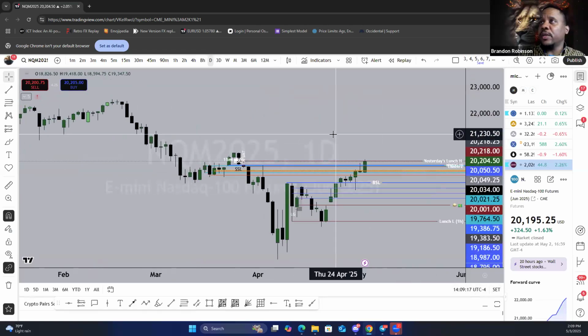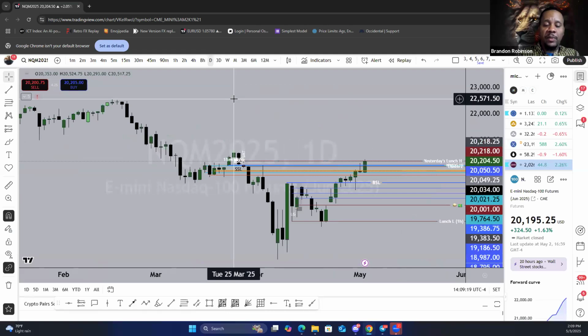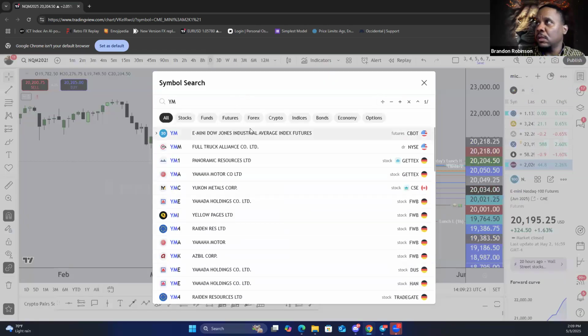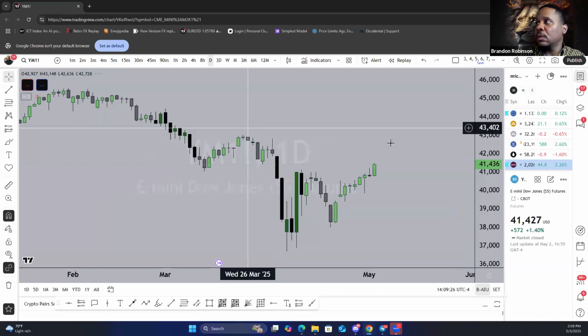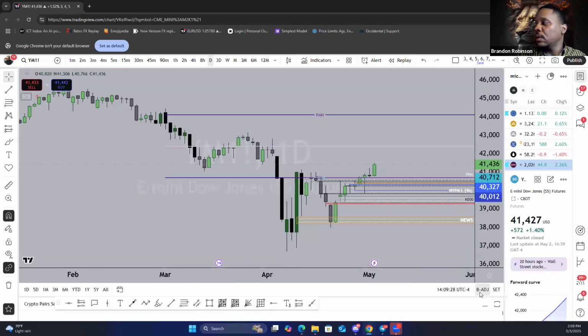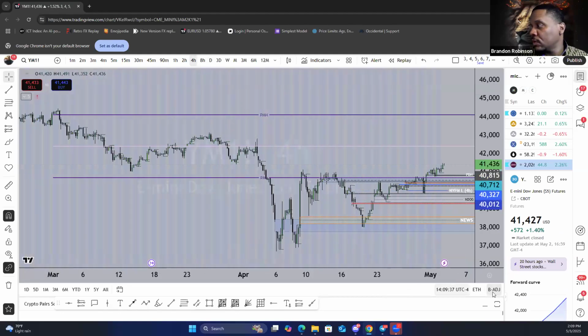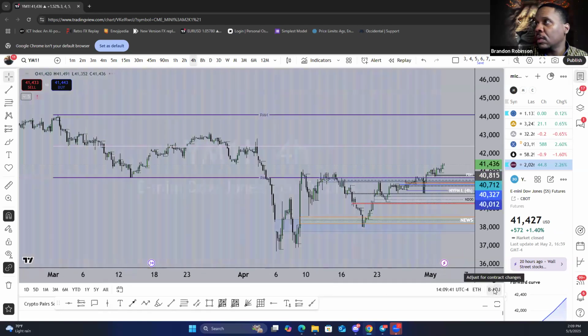So when you look at your continuous chart, I could probably do YM because I don't trade YM as much as the other ones. Okay, you can kind of see it better on the hourly.